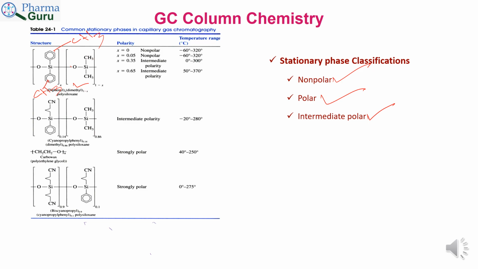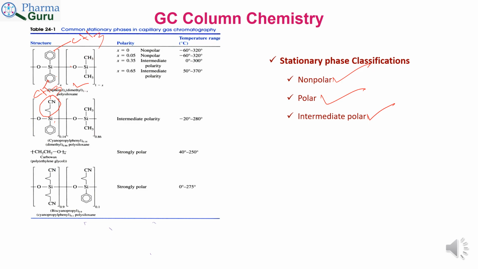Suppose it is phenyl ring in the structure, then column is phenyl or diphenyl dimethyl polysiloxane. This is more polar than dimethyl polysiloxane. If you are replacing one of the phenyl group with propyl cyano group, then this column will be more polar than this column.